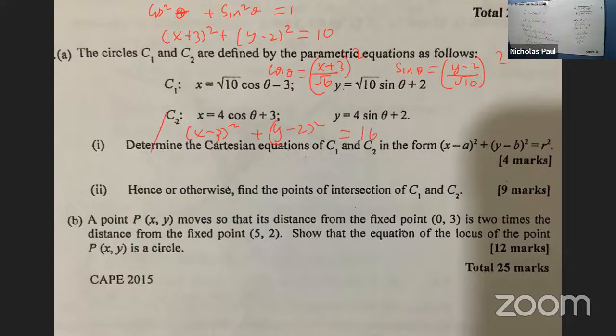This is all I'm doing: cos theta is equal to x minus 3 on 4, after you square that. Then sine theta is y minus 2 on 4 squared up. Then you add them and make it equal to 1. When you square the 4, you get 16, so you multiply everything by 16.